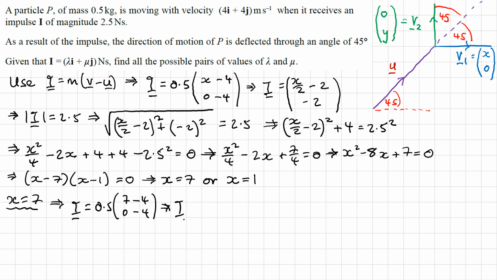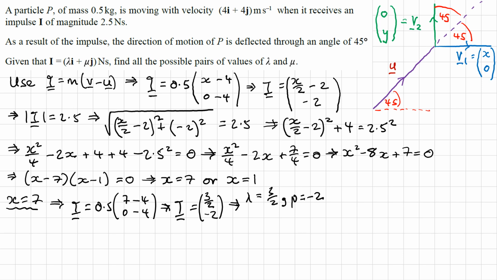So that'll give me an impulse equal to 7 minus 4, which is 3, and then divide by 2, so 3 over 2, and negative 2, that's what the bottom part will be. Okay, so this will give me lambda equals 3 over 2, and mu equal to negative 2.